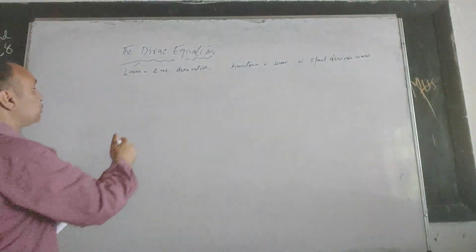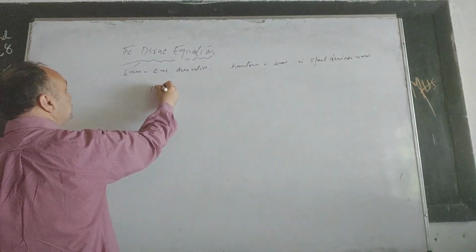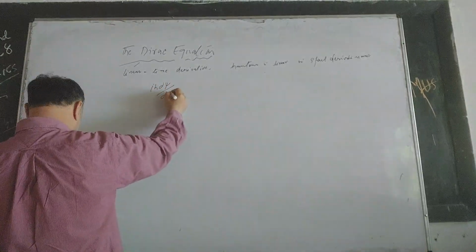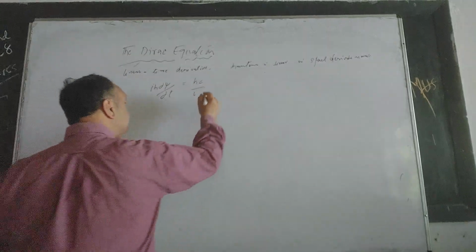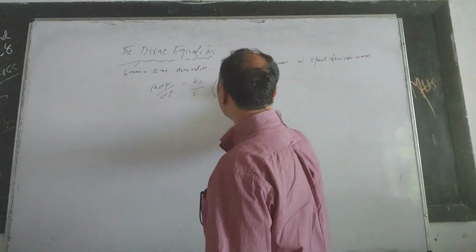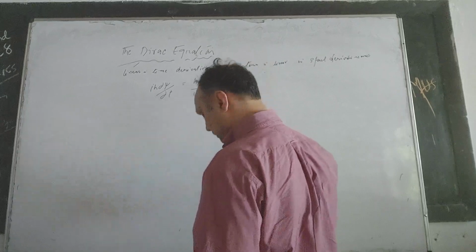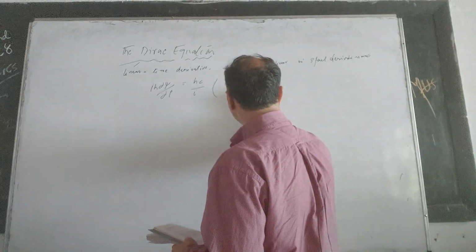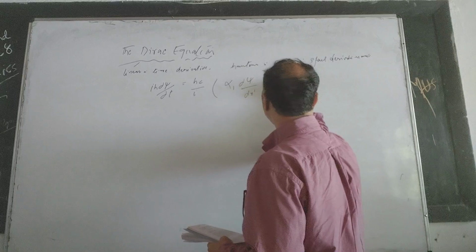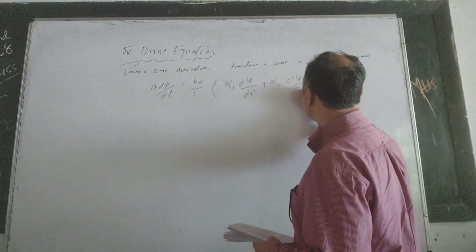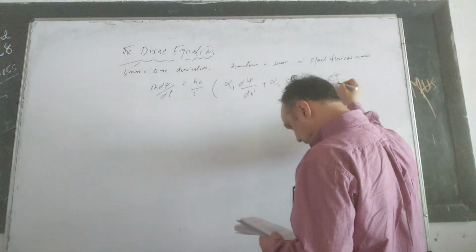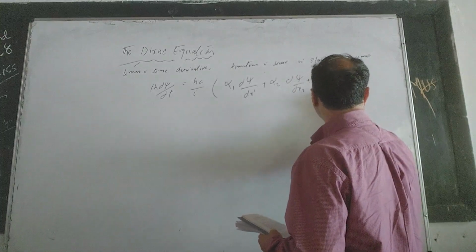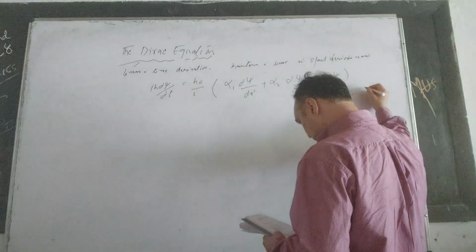So if we have the normal equation, if you remember the Schrödinger equation, then its form will come like this: d psi by dx1, alpha 2 d psi by dx2, alpha 3 d psi by dx3, plus beta mc square, is equal to i h-bar d psi by dt.